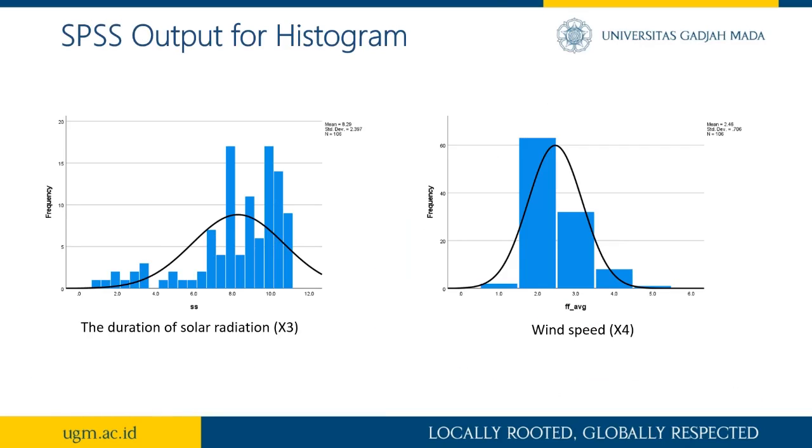Here, as explained before, it's the same for the solar radiation, X3, and X4 for the wind speed. But the data are always different, related to the timetable that we took from the website that we used for Indonesia, in the central Semarang area.